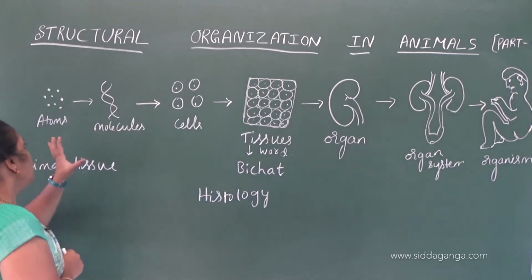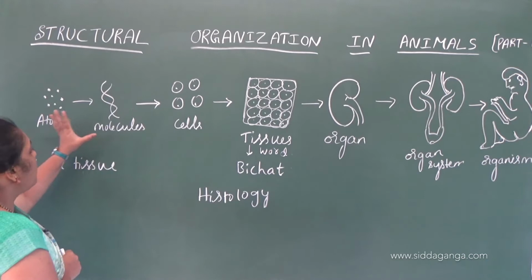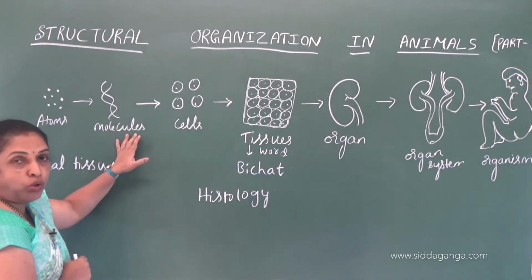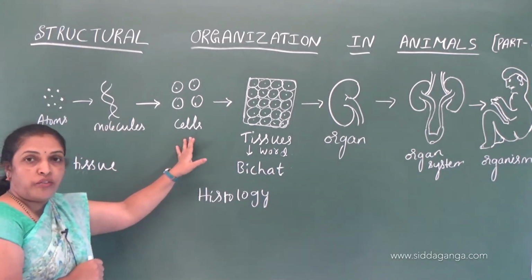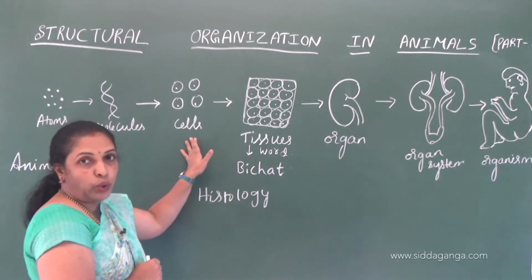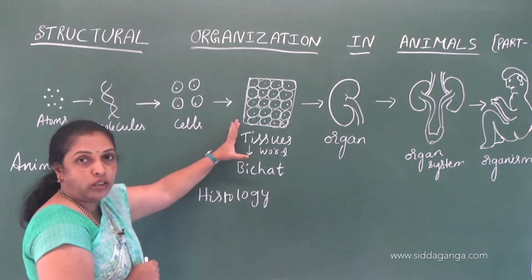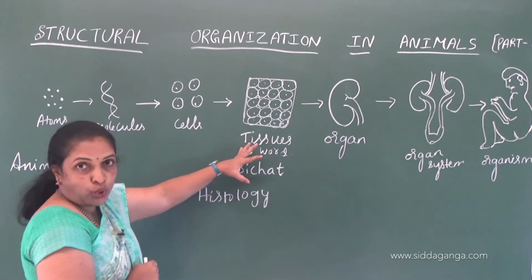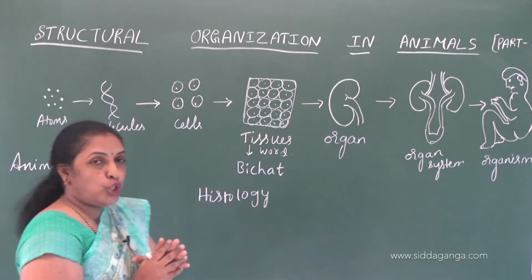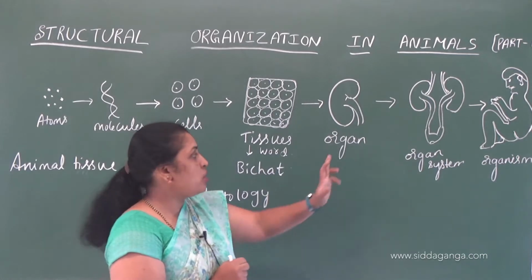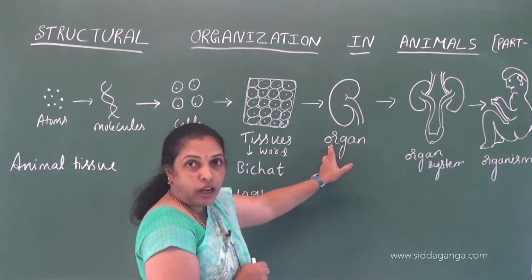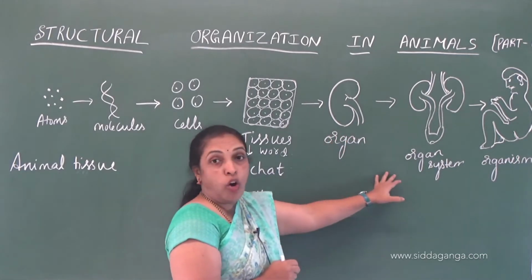So, we know that atoms form molecules. From the molecules we get cells, and when these cells are grouped together they form tissues, and similar tissues performing a similar function form an organ, and organs form organ systems.